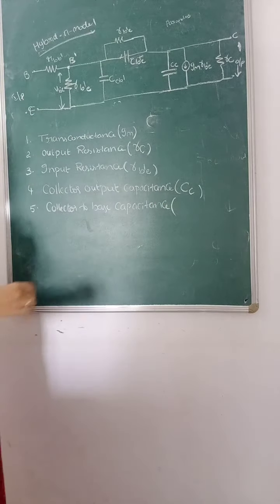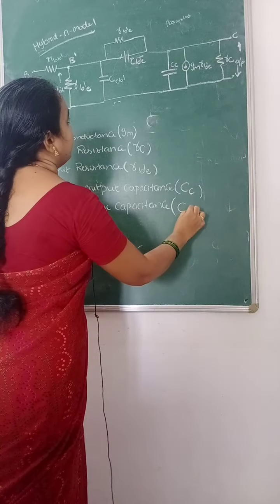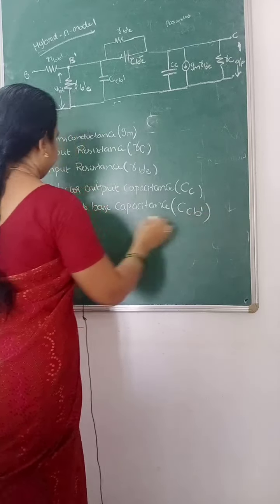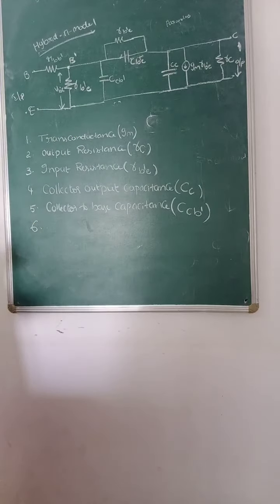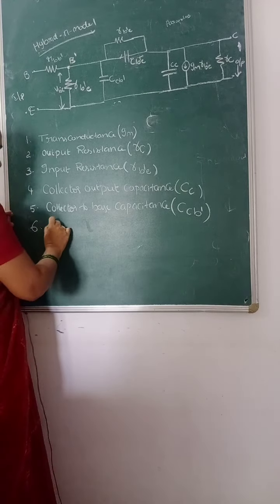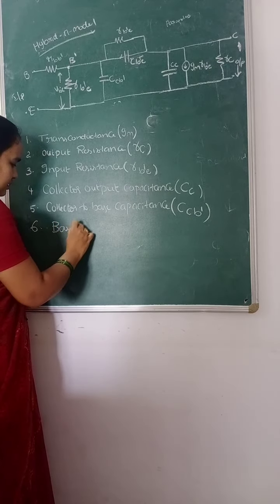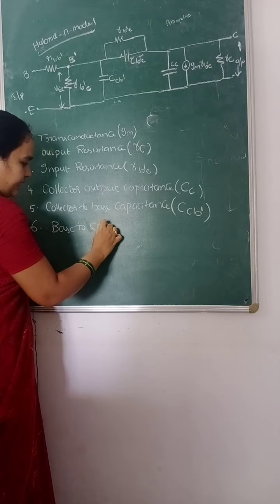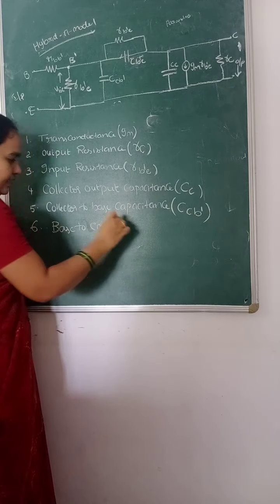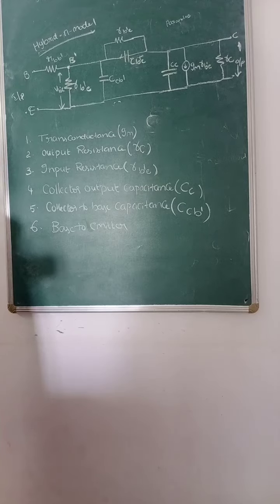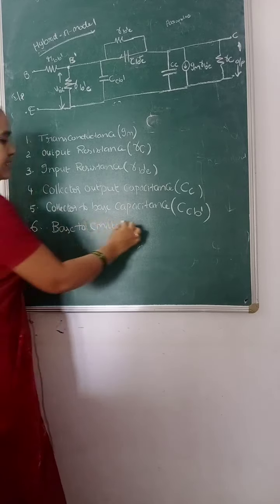That is CCB dash, and the sixth one is base to emitter capacitance.